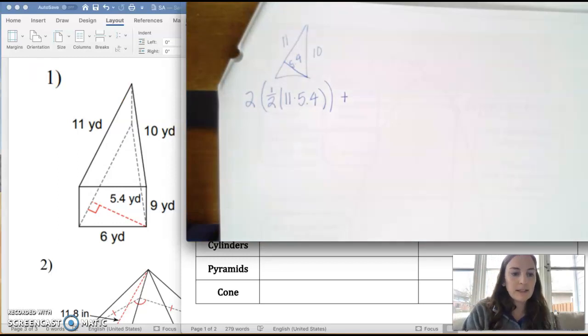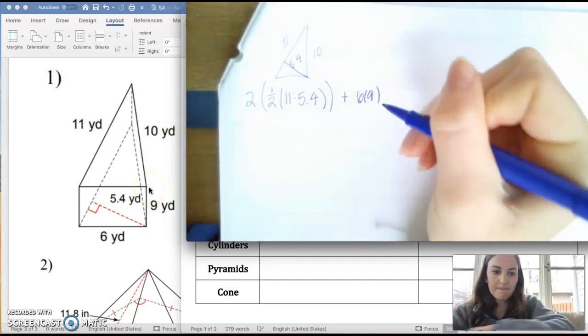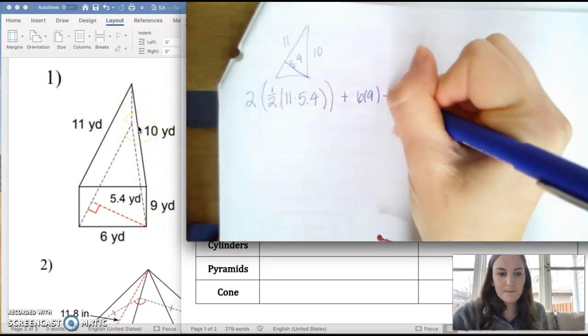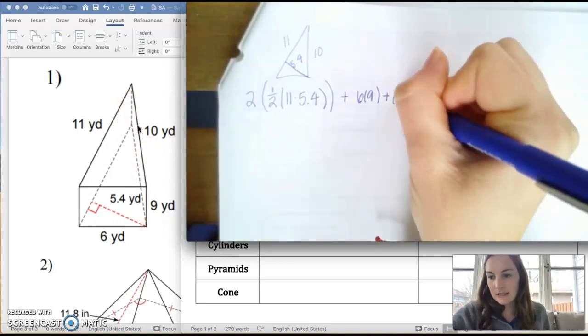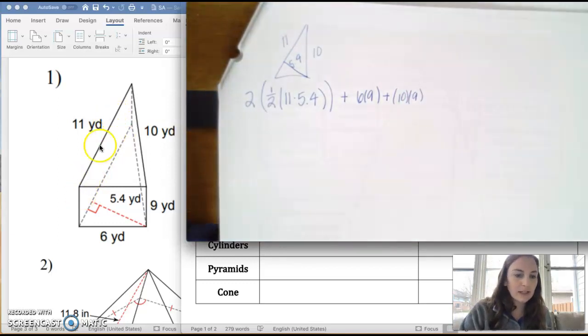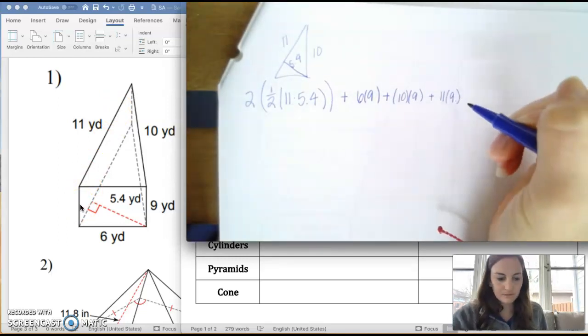Then we have a rectangle right here on the front, and this rectangle is 6 times 9. Then we have another rectangle on the side here, which is 10 by 9. And then lastly, we have a rectangle on this side, which is 11 by 9.